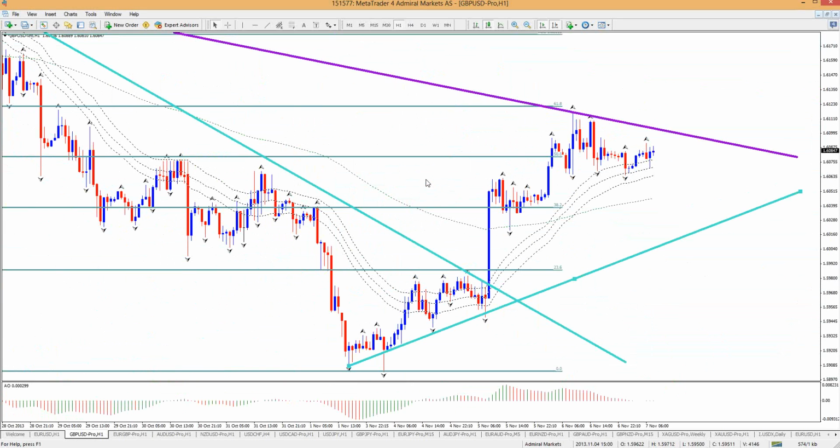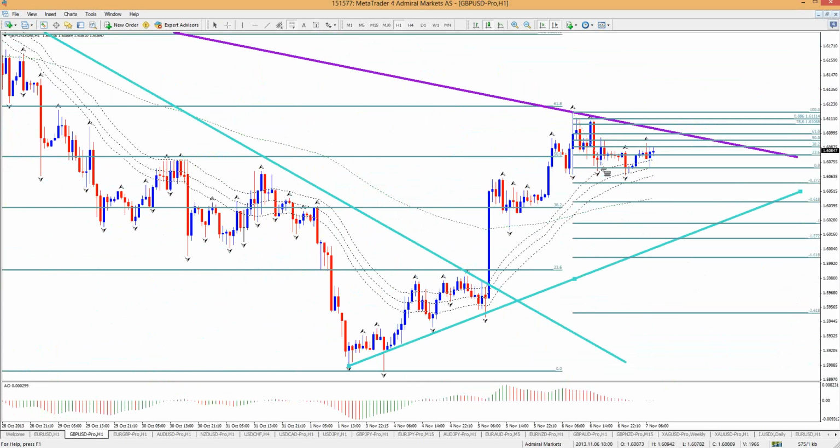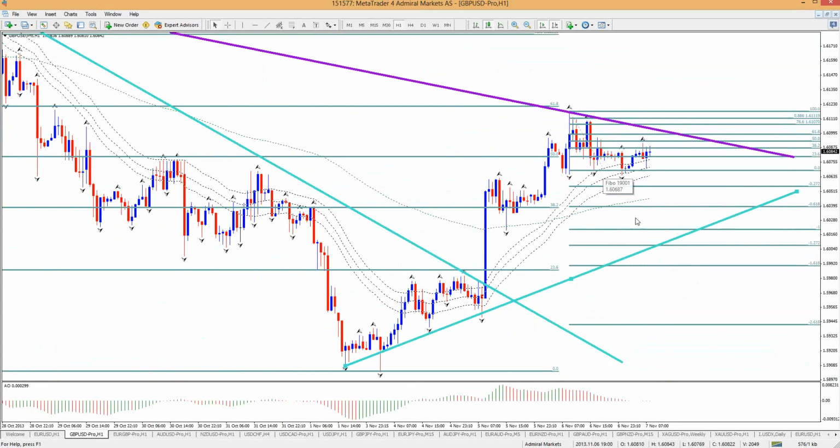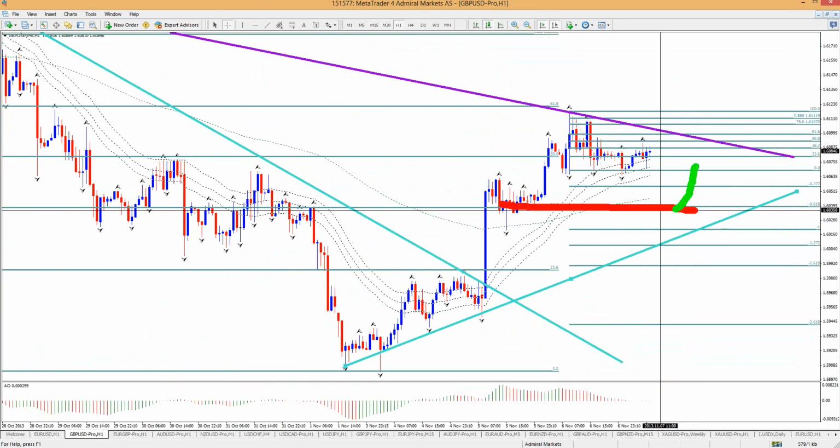Let me take one look at this and put a fib from here to here. If the pound were to correct lower, by the way, I think we should definitely keep an eye on 160.39, 160.40. That could be a bouncing spot.